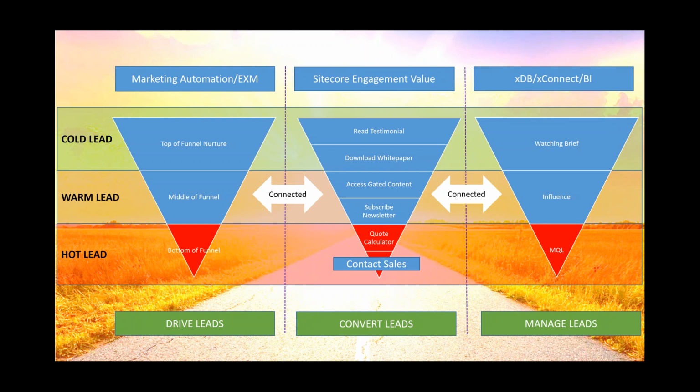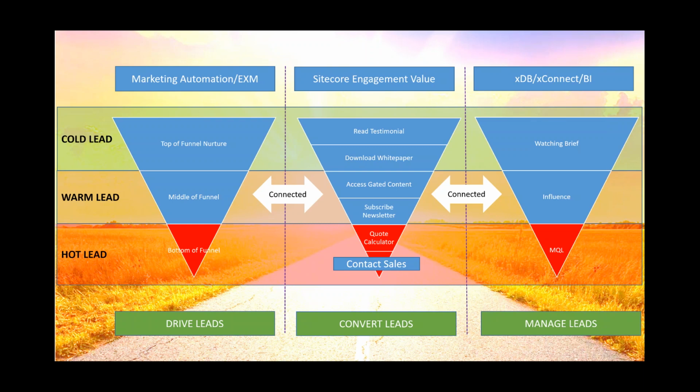Here's what's cool. Once we have them on the website, Sitecore can then personalize to push them to the middle of the funnel to say, hey, why don't you log in here and get this extra piece of content, access some gated content, subscribe to a newsletter, whatever that is. And don't forget that at all points and in real time, it's pushing this subset of data through to a CRM using XConnect.